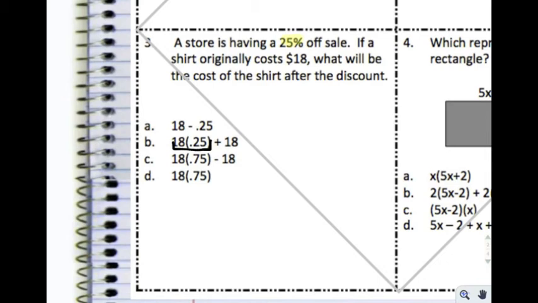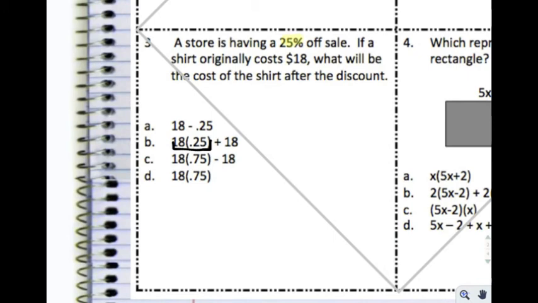So 25% of $18 plus $18 would almost be like adding a tax or a tip onto the price of the shirt rather than taking off a discount. Letter C has me thinking about what's 75% of the cost of the shirt and then removing $18, which has me removing too much information twice.